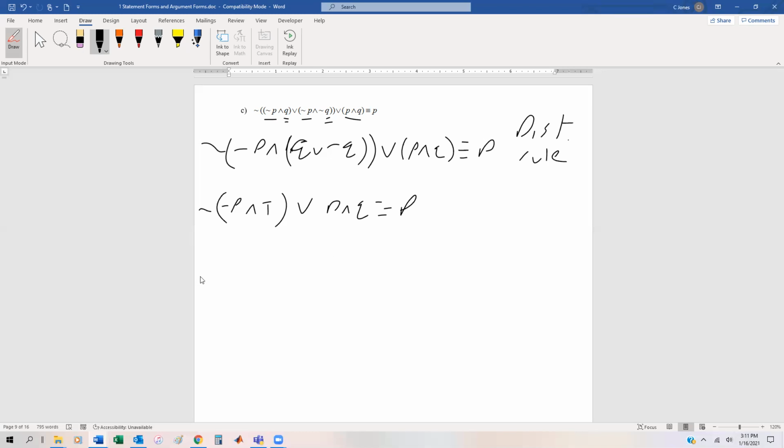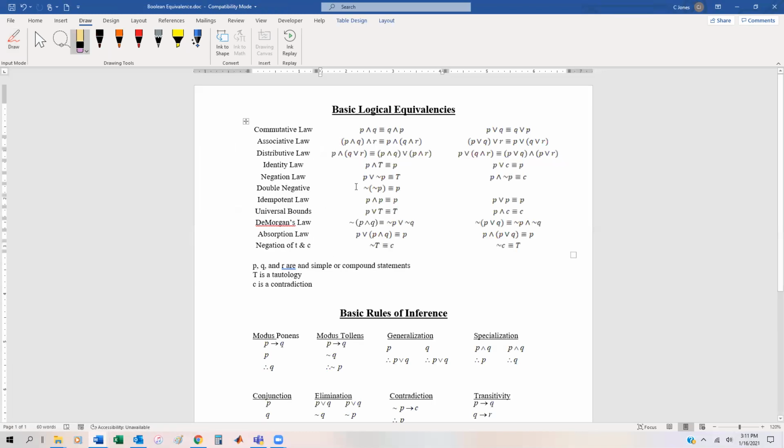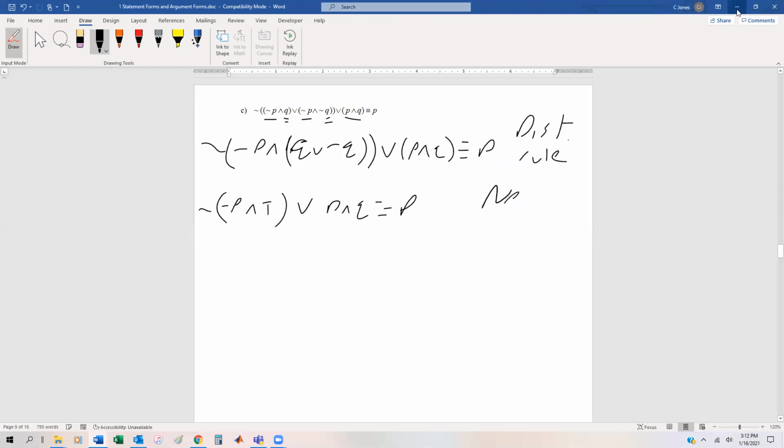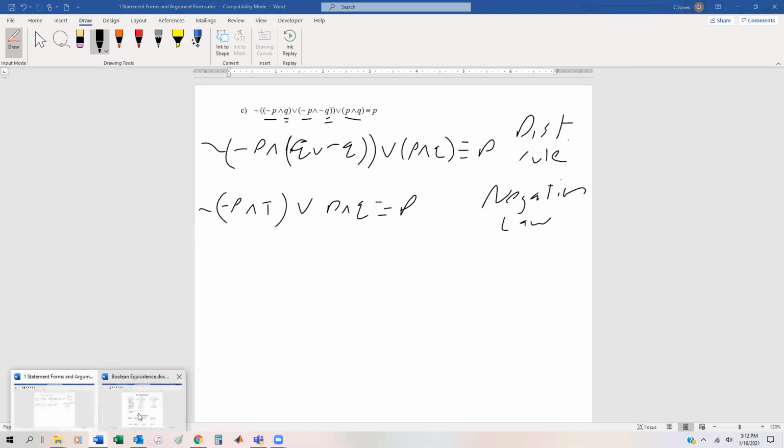And that is going to be, I believe, the negation law. So if we look at the negation law, P or not P is a tautology. Right? And not P and T should end up being not P.